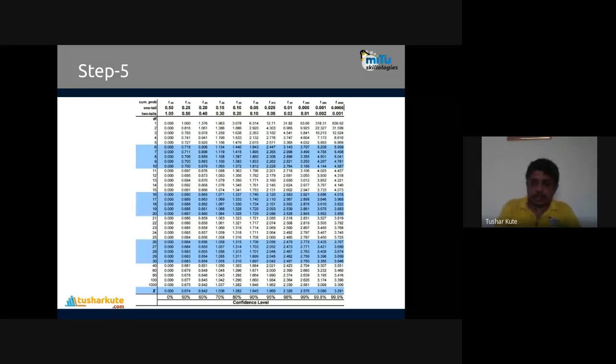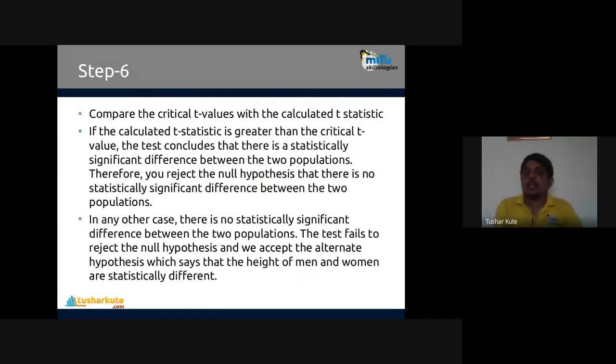At the end, the highest confidence level is 99.9% over here. After that, we compare the critical T value with the calculated T statistic. If the calculated T statistic is greater than the critical T value, the test concludes that there is a statistically significant difference between the two populations.